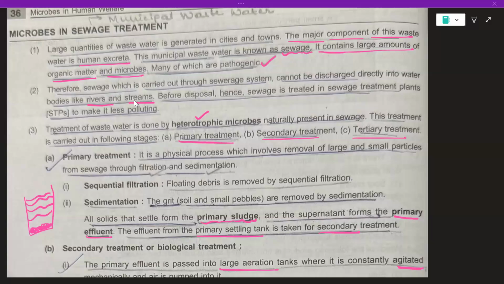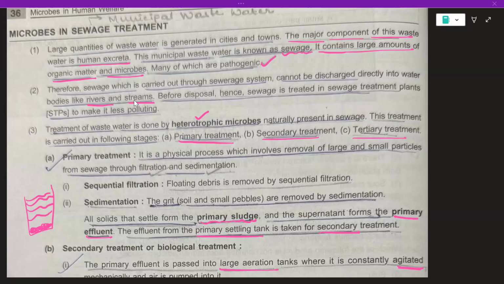Usually the sewage that is generated is directly discharged into the water body, which obviously pollutes the water body. So, to prevent the pollution, what must be done?